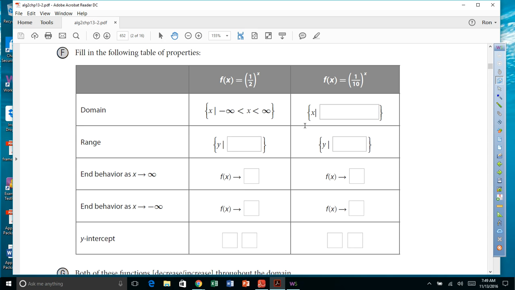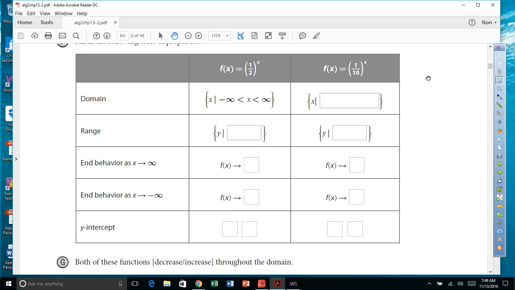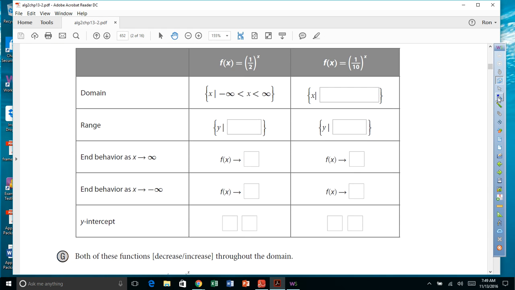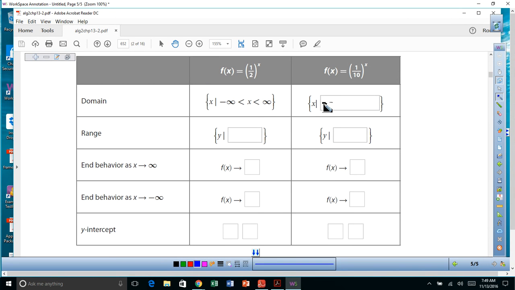Fill in the following table of properties. Okay, so the domain is always going to be x such that negative infinity is less than x is less than infinity, or all real numbers, however you want to say it.